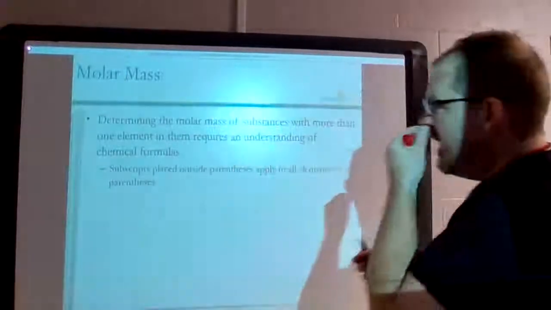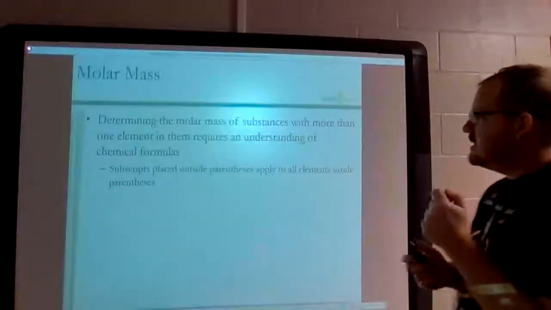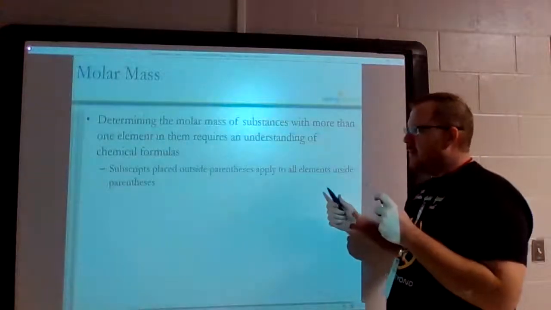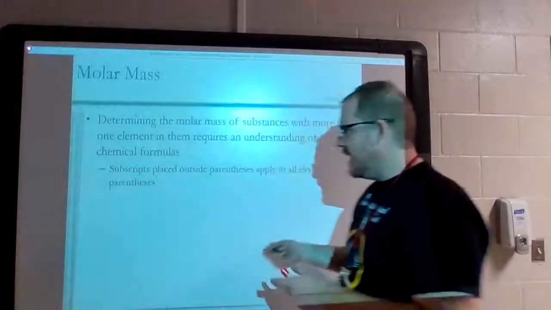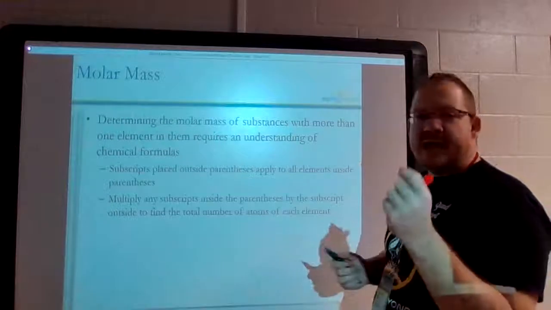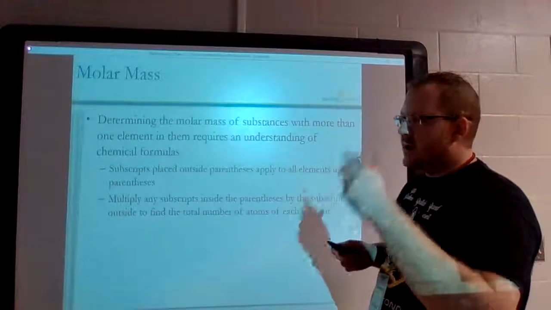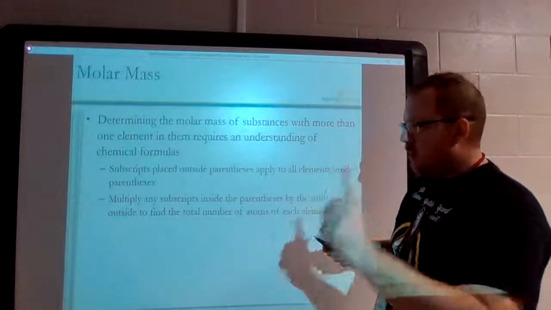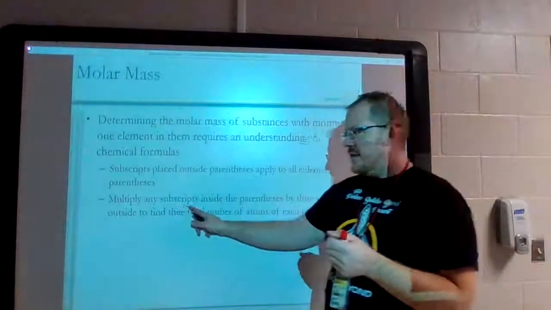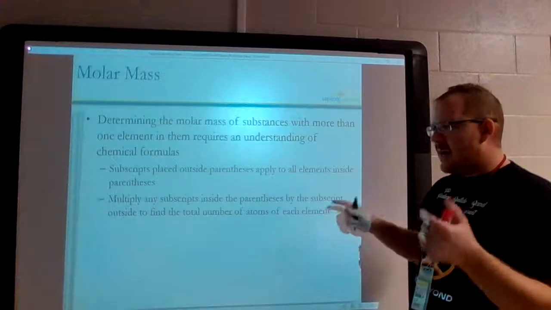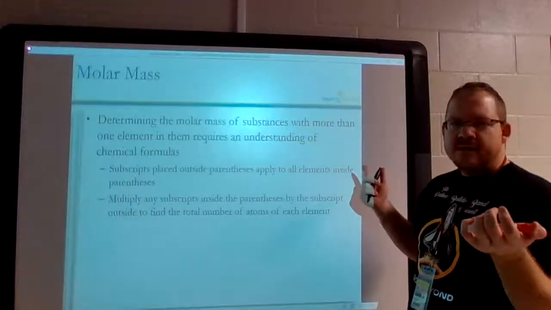So coming back over here, how do we determine the molar mass of substances with more than 1 element? You look for the subscripts. So you find out how many. Their example was NH3, and the little 3 comes after the H, and so I have 3 hydrogens and only 1 nitrogen. You're going to multiply the little number by the weight for that element.